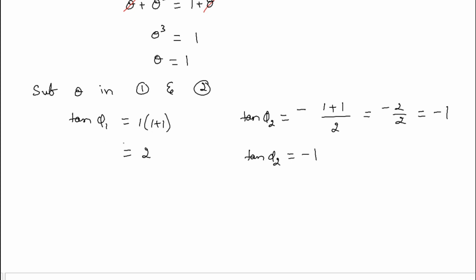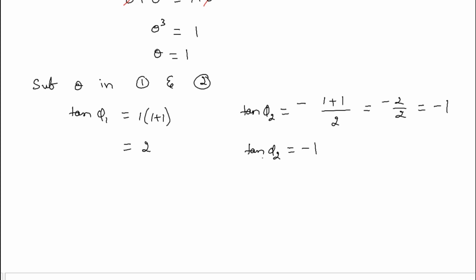Since both expressions are in terms of tan φ1 and φ2, I'll take the difference. Since we need to find the modulus of φ1 minus φ2, but we have not got the values of φ1 and φ2 independently, they are in terms of tan, so I'll consider tan of (φ1 − φ2).